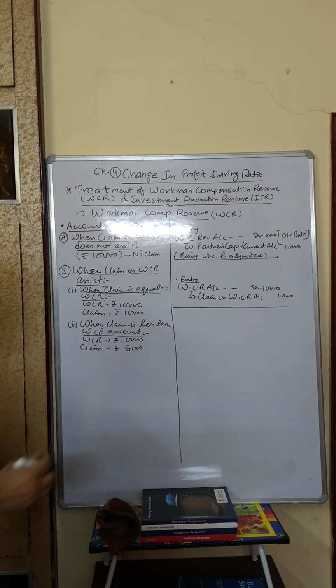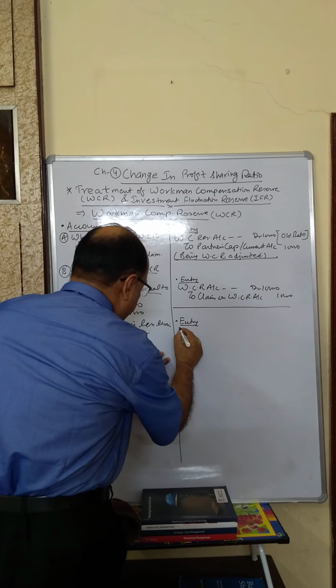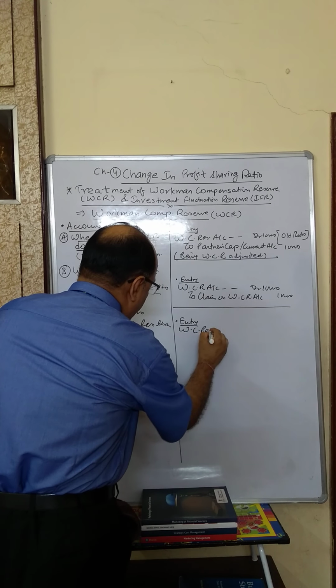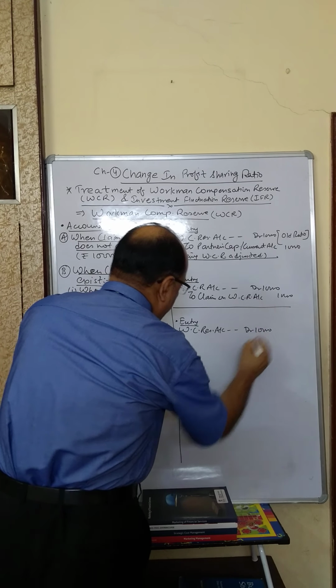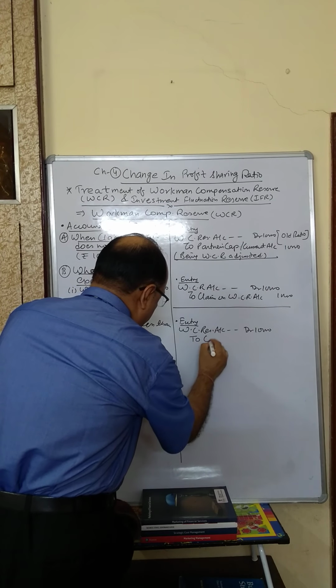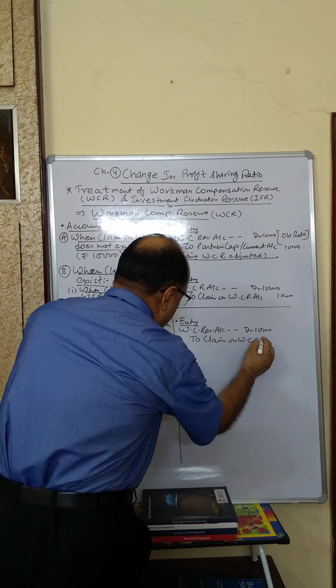How should it be dealt with in the partnership firm? Let me see that. Entry will be WCR account debit 10,000 to claim on WCR account.